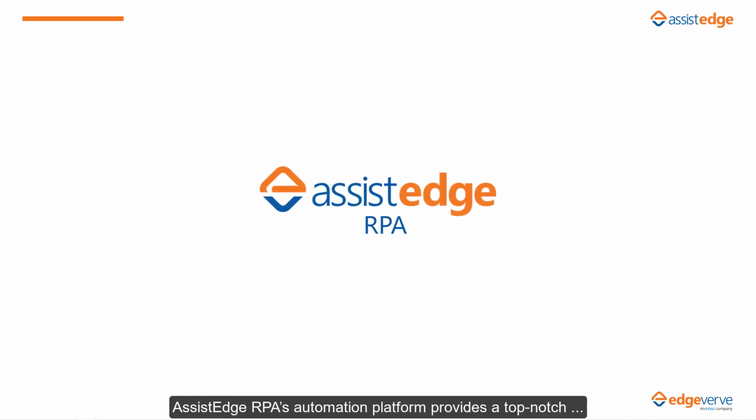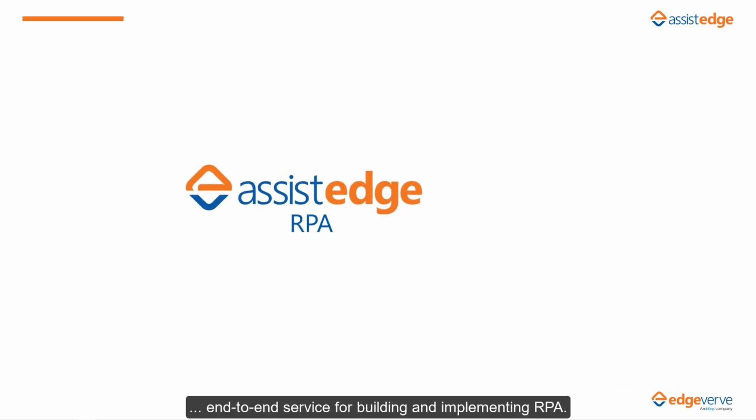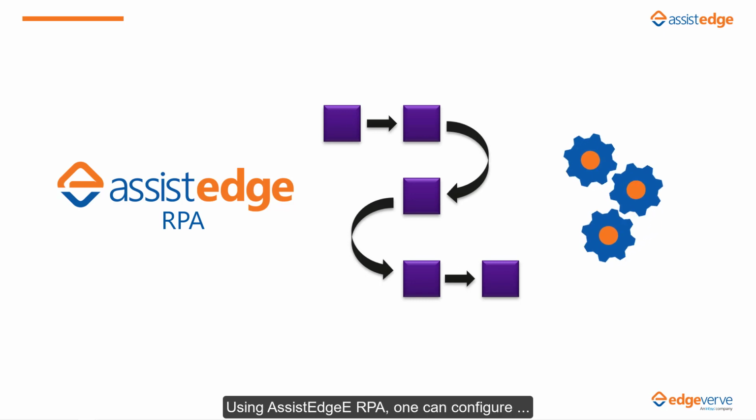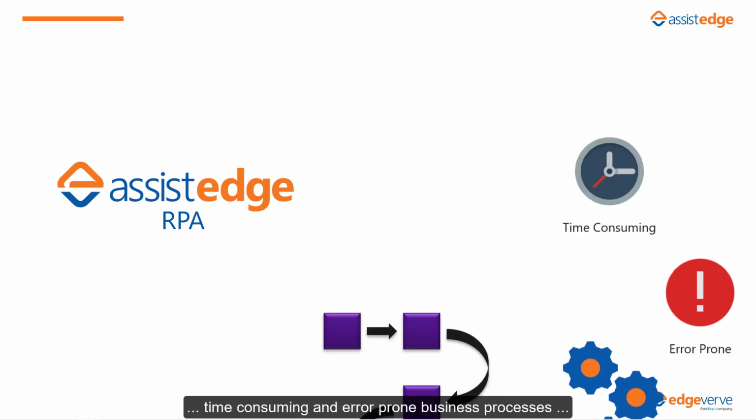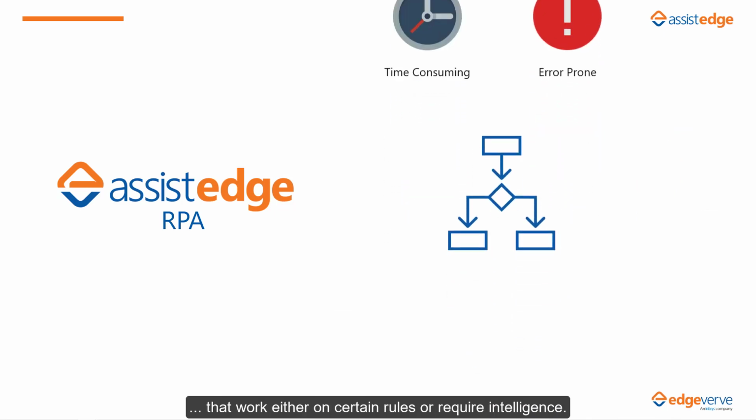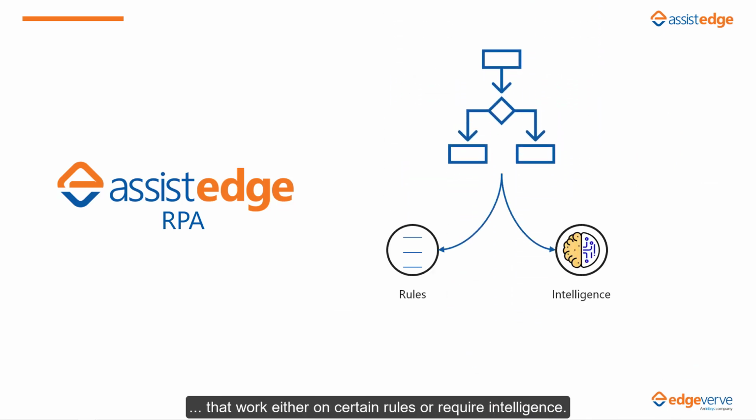AssistEdge RPA automation platform provides a top-notch end-to-end service for building and implementing RPA. Using AssistEdge RPA, one can configure time-consuming and error-prone business processes that work either on certain rules or require intelligence.